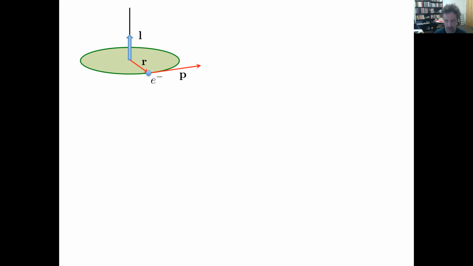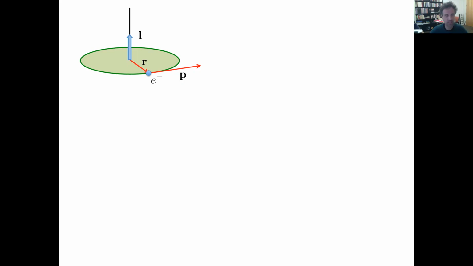Okay, and that is an effect that is called spin-orbit coupling, and that spin-orbit coupling effect is influencing the energy that the electron can have in the hydrogen atom. So that's something we're going to look at right now.